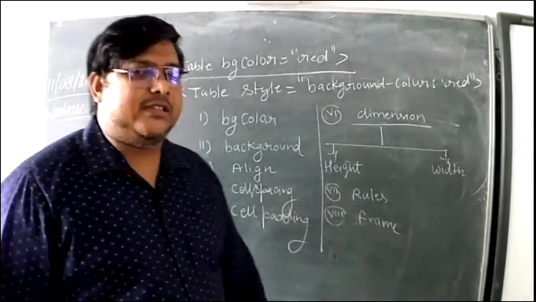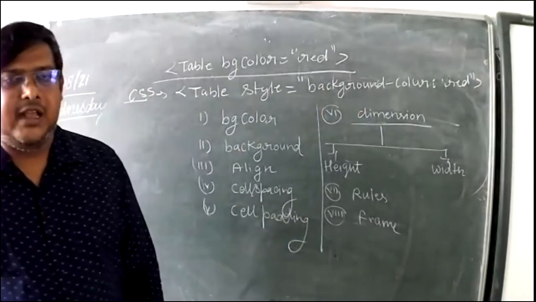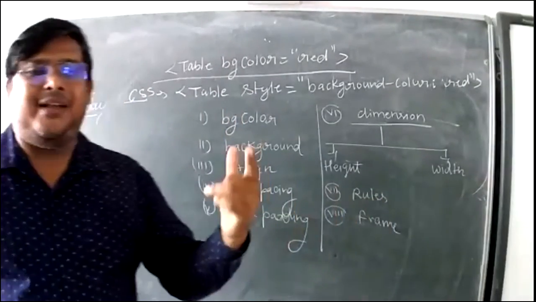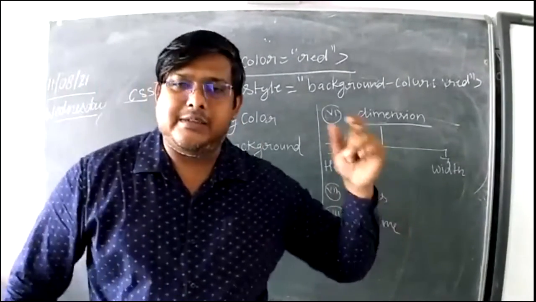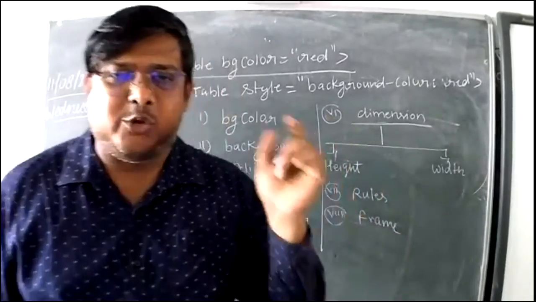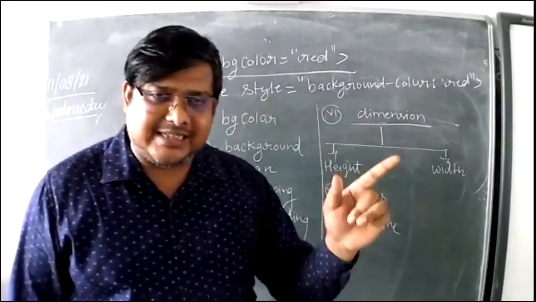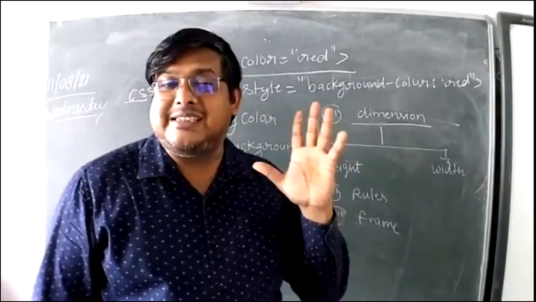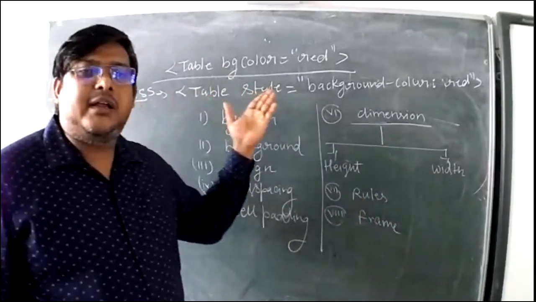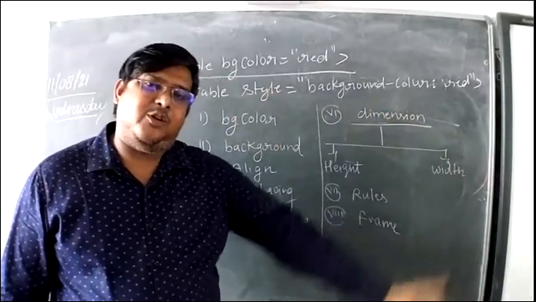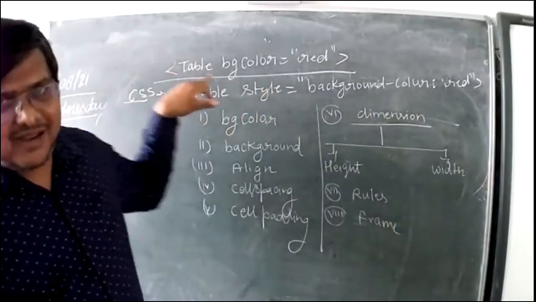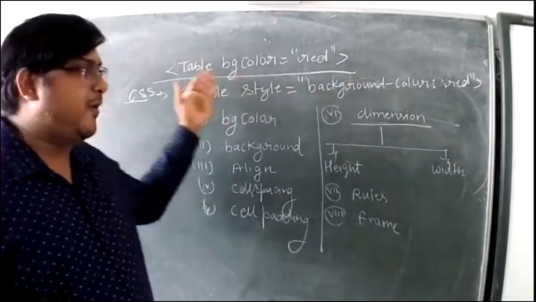My dear students, in the board examinations, they may ask you for both ways, and they may also tell you to write the statement to change the background color of the table into red by using CSS. So CSS, either you may use inline CSS, or you may use script CSS. Inline means in the same line I can use the property.